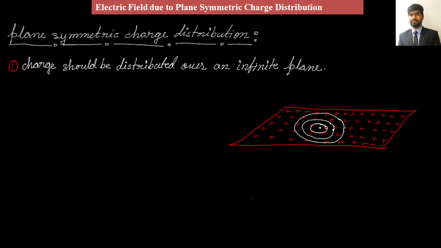But in order to be a plane symmetric charge distribution, the charge density is supposed to be constant, the same on each circle, and that is only possible when the charge density is uniform. Uniform means it will be independent of the coordinate system. Let's say sigma equals sigma naught, constant everywhere. So the second important point is that charge must be uniform over the plane.